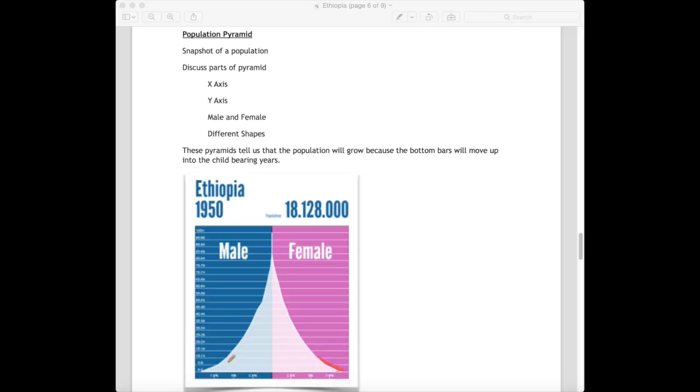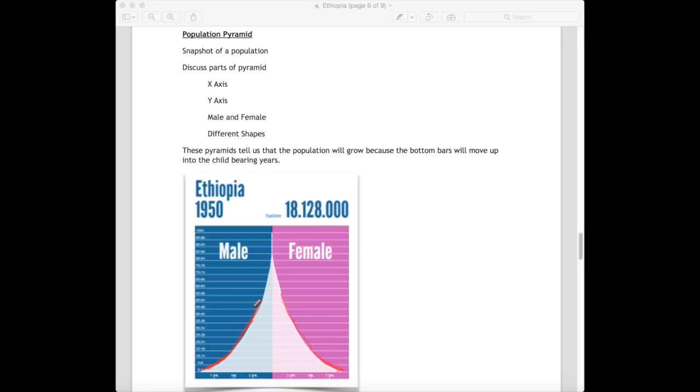So there's a huge base down here of children, but notice what happens. There's very steep sides to both sides of this population. So what does that mean? As people are born at a young age, a lot of children are dying early, and then people, as they get older, are not living as long.